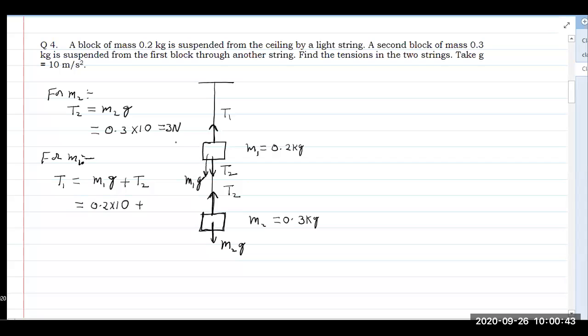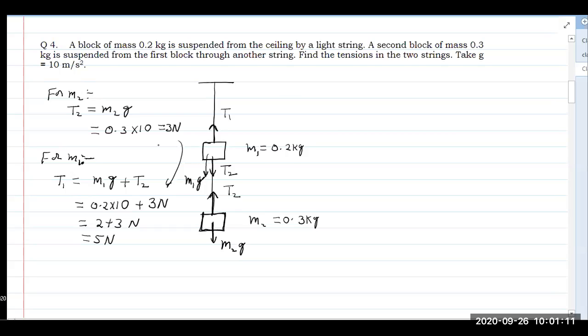T2 we have already calculated, that is 3 Newton. So 2 Newton plus 3 Newton, how much are we getting? We are getting a total of 5 Newton. So in the lower wire the tension is 3 Newton and in the upper wire it is 5 Newton.